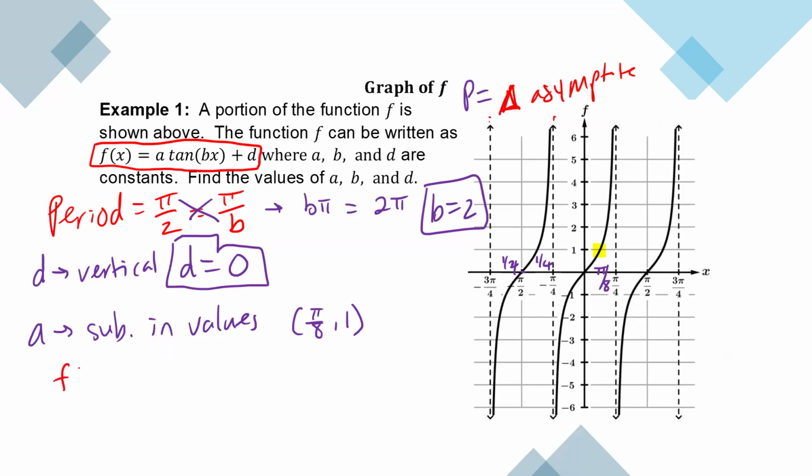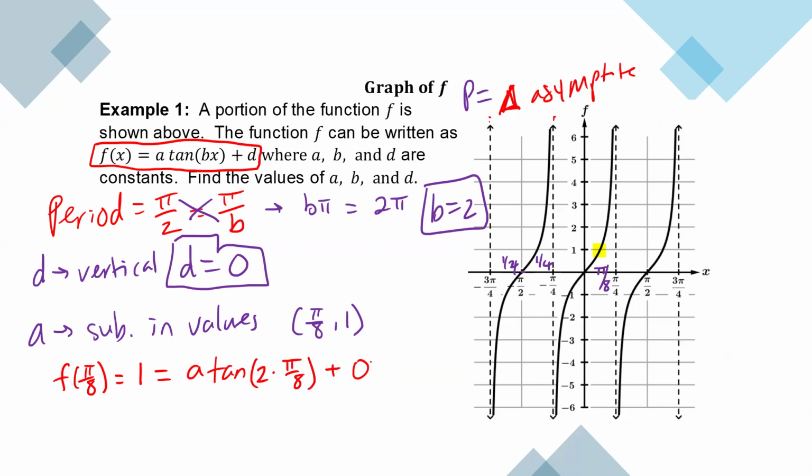So we're doing f of pi over 8 equals 1, which equals a times the tan. What do we get for b? 2 times pi over 8. And for the sake of writing it, I'm going to write d, which is 0.